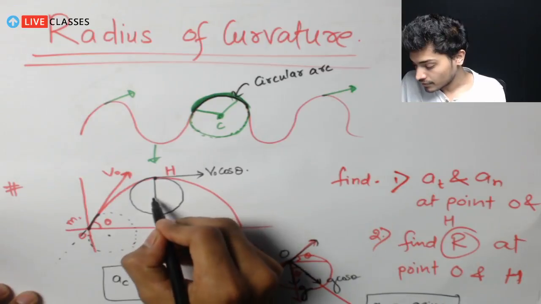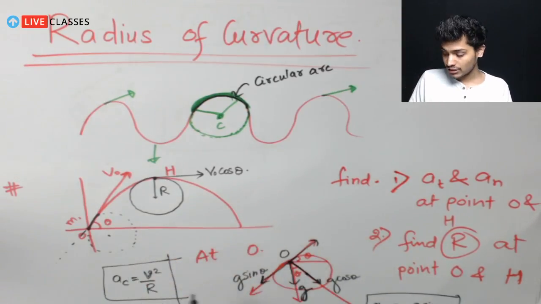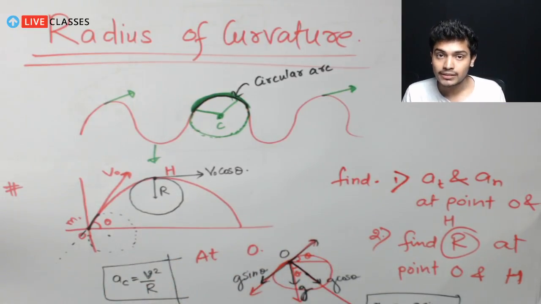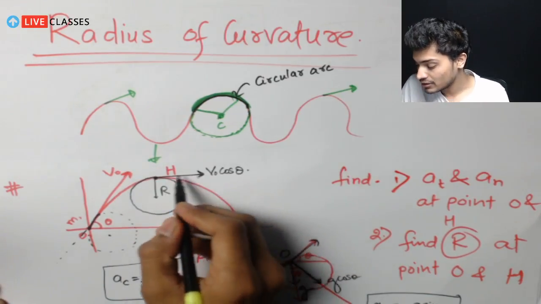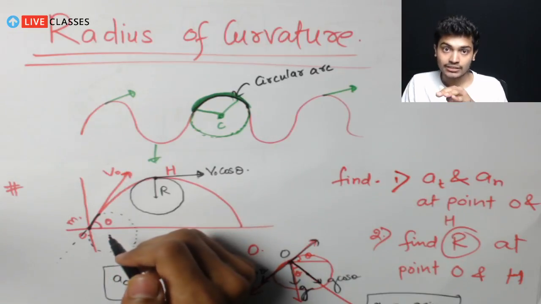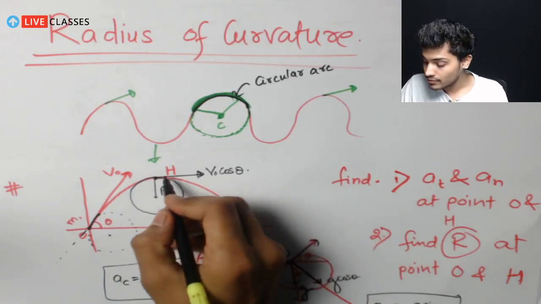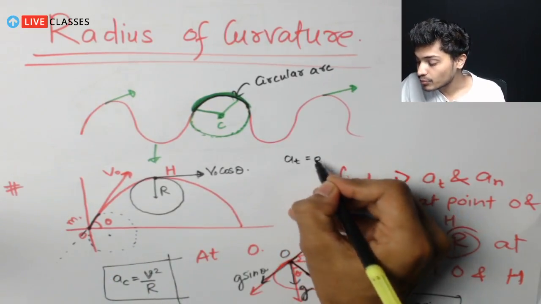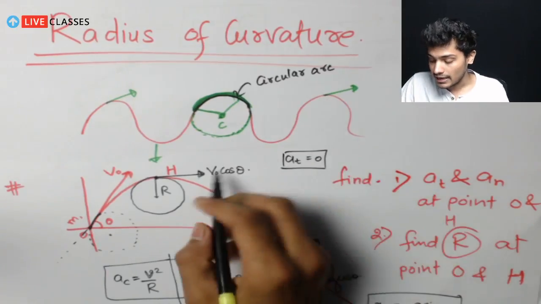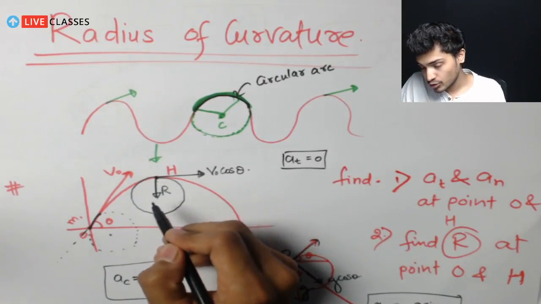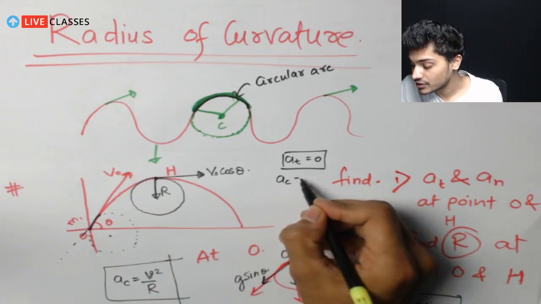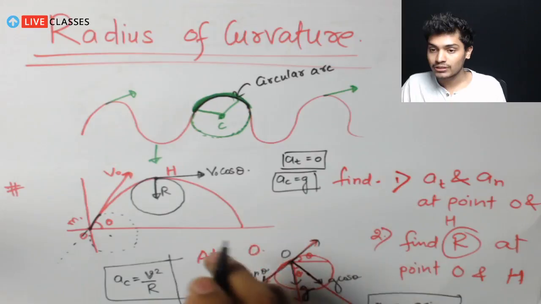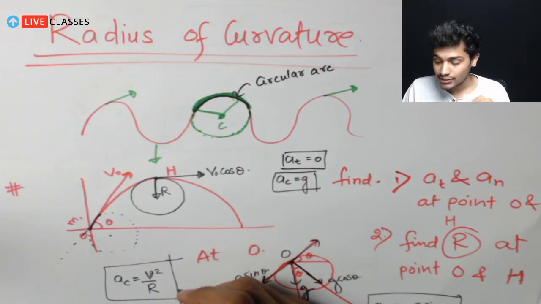And we have to find the radius of curvature at the highest point. First of all find the tangential and normal components at the highest point. So at the highest point there would not be any acceleration acting in the horizontal direction, so AT will be 0 at point H, right? And what will be the acceleration acting towards the center at point H? It will be simply G.